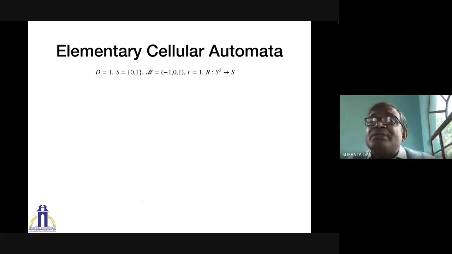Last class we discussed the game of life, a very popular cellular automaton. Today we are going to discuss a special class of very simple cellular automata. It's called elementary cellular automata. Its name is elementary, so we'll see how simple it is.